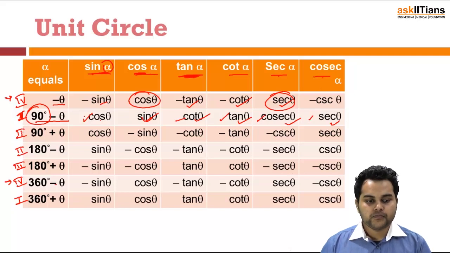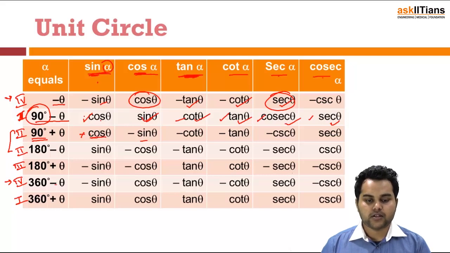So far so good. Then for the second quadrant, with an odd multiple of pi by 2, the trigonometric ratios are changed: sine changes to cos, cos to sine, and in the second quadrant only sine is positive. So sine of 90 plus theta would be cos theta.